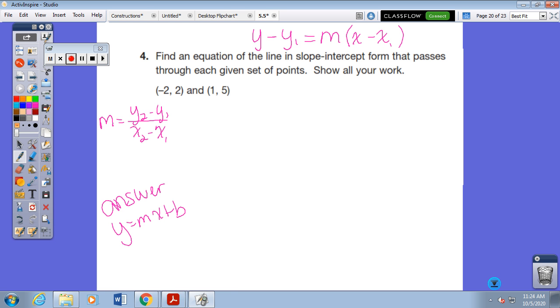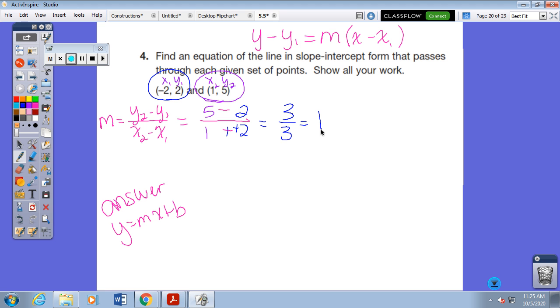M is equal to y2 minus y1 over x2 minus x1. Label x1, y1, x2, y2. Five minus 2 is 3. 1 minus a negative 2 is 3.